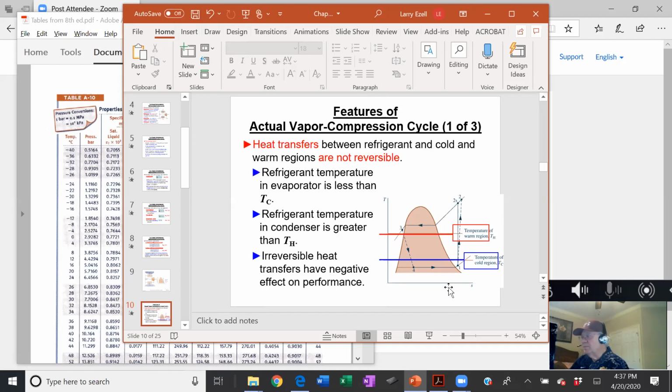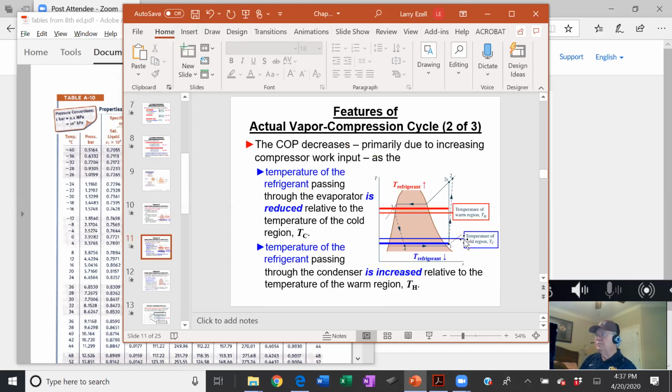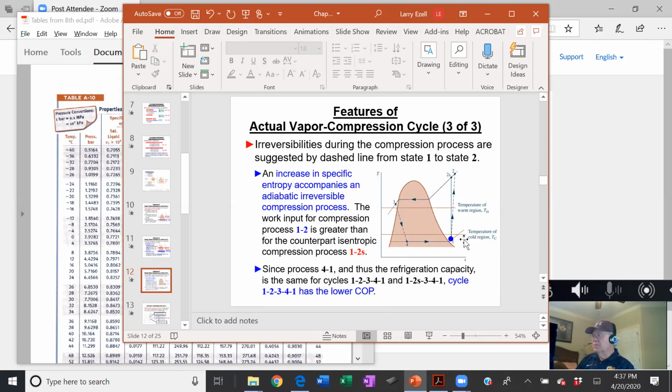I think the point of this curve is that because of irreversibilities, you do have this increase in entropy, and temperature 3 tends to go out a little bit on this line, so you tend to have the vapor not saturated but slightly superheated. But we won't worry about that. I'm going to skip through this.